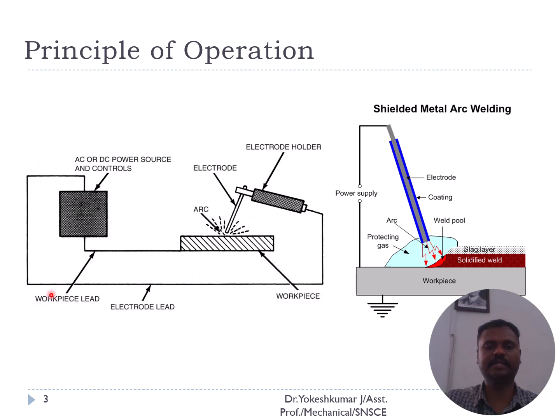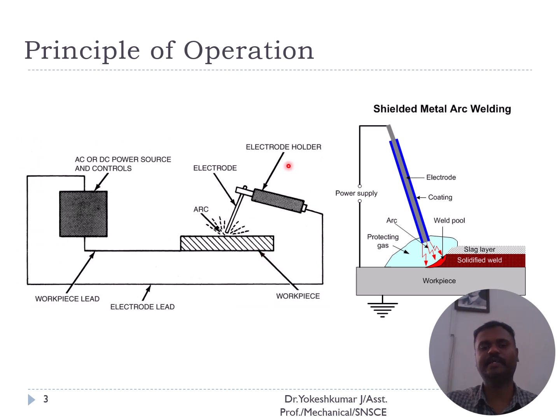The leads connect the workpiece and electrode with the power source. According to the type of welding, if we use DC power, sometimes the workpiece may be connected to the positive supply and the electrode to the negative supply, or vice versa depending upon the welding process. The same applies for AC, where instead of positive we have a phase and neutral.